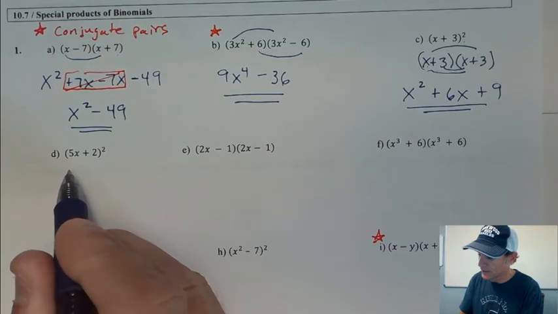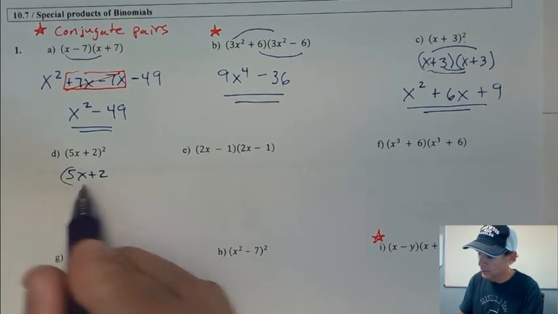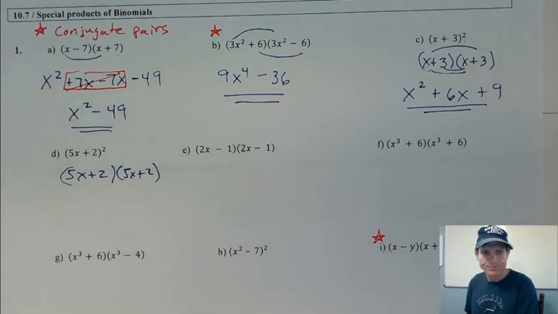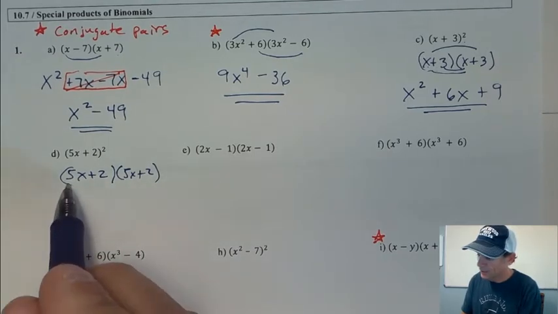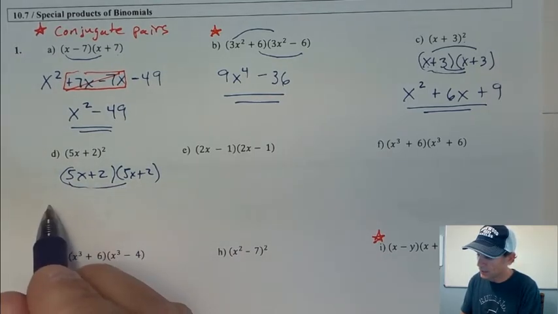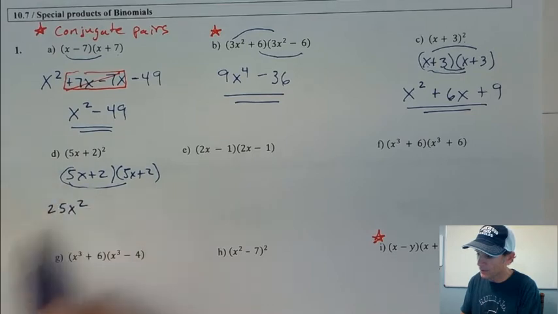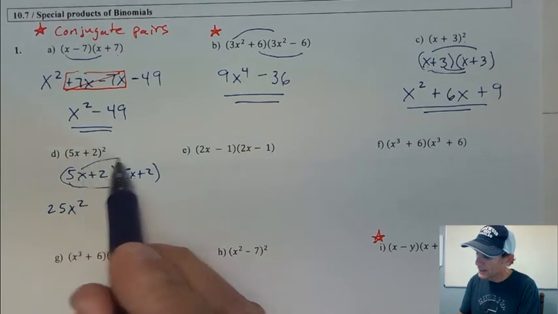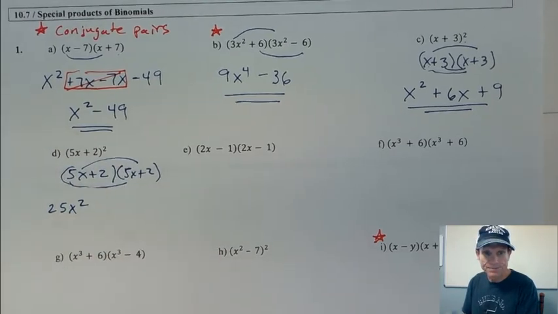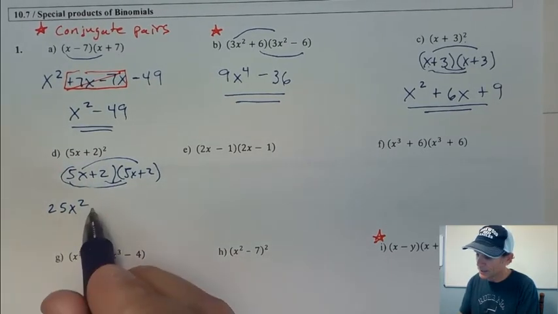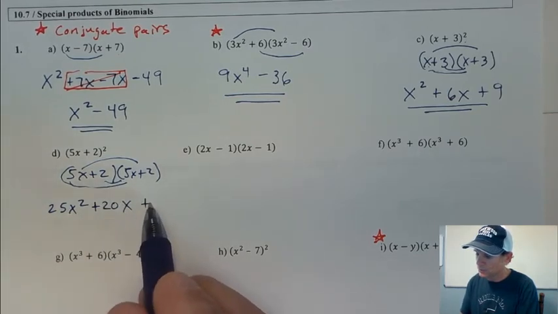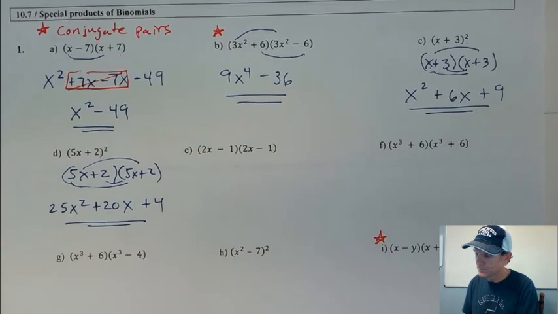So I'm just going to write this out: 5x plus 2 times 5x plus 2. So I get 25, I almost said 10, 25x squared. Outside is going to be 10x. Inside is going to be 10x, so I get 20x, and then 2 times 2 is 4.